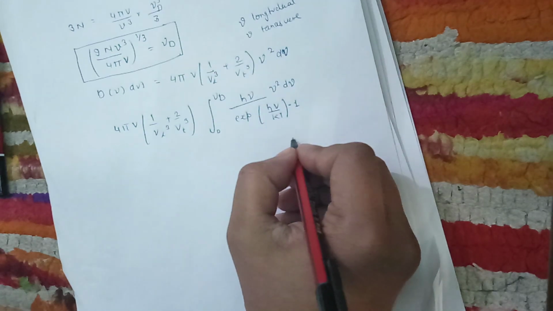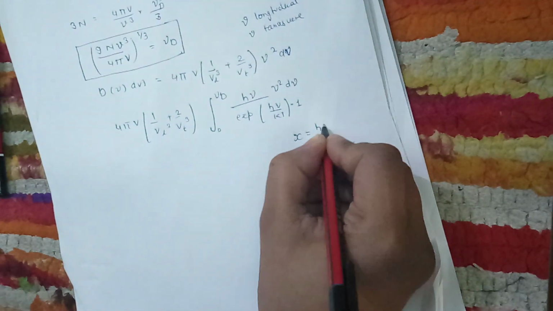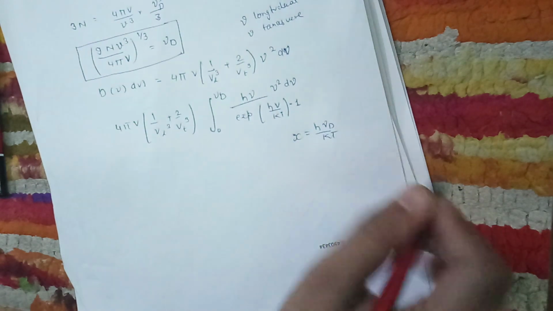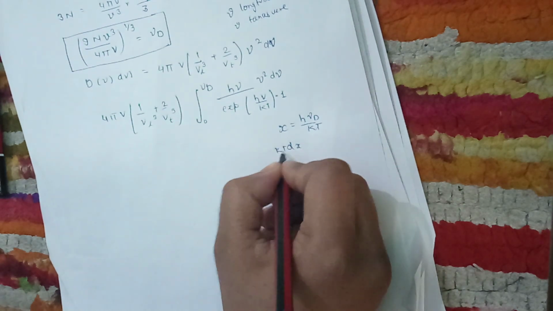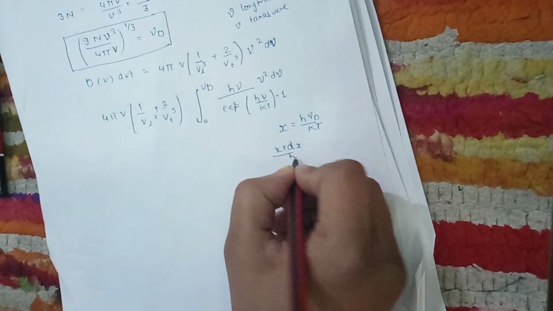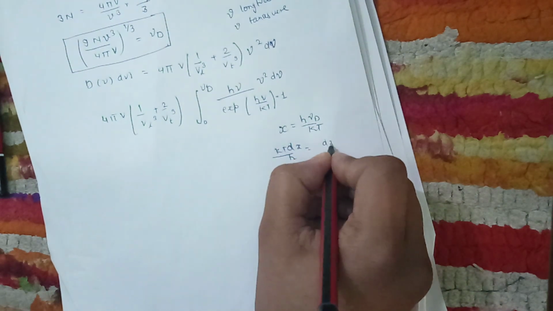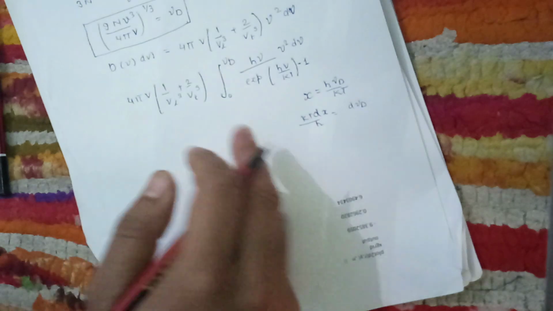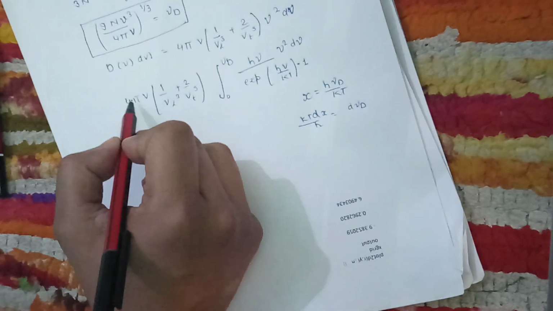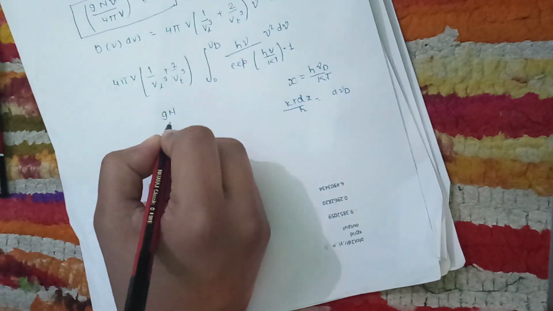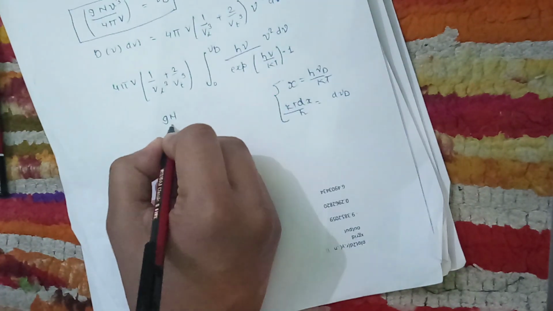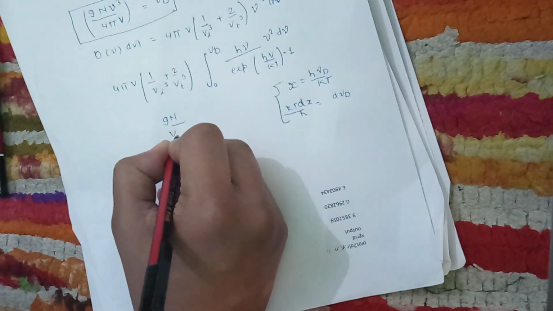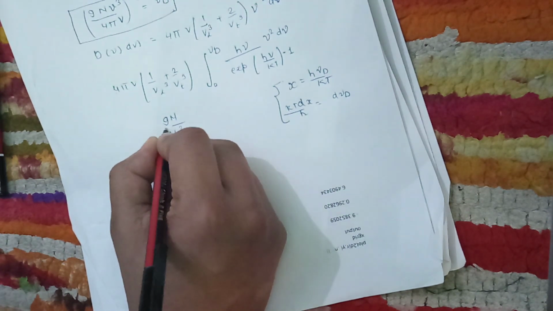Now we suppose x is equal to h nu by kt, so dx kt by h is equal to d nu. So this will be 4 pi v and this will become 9n.